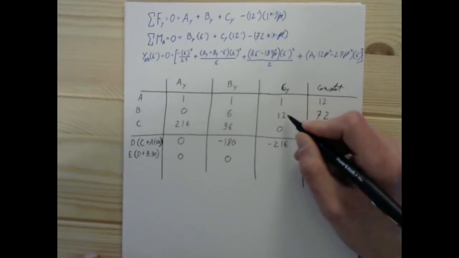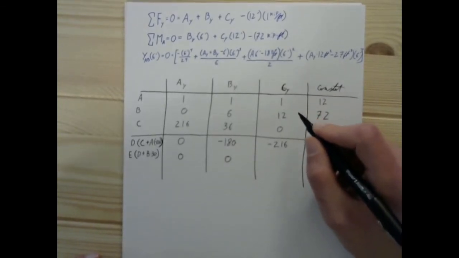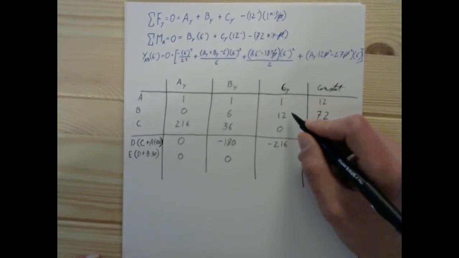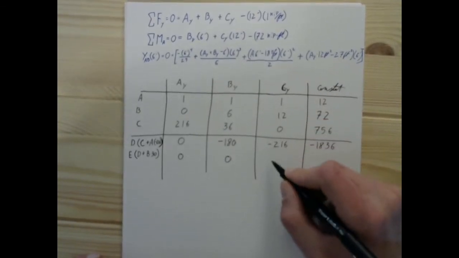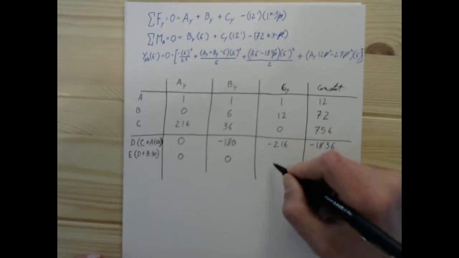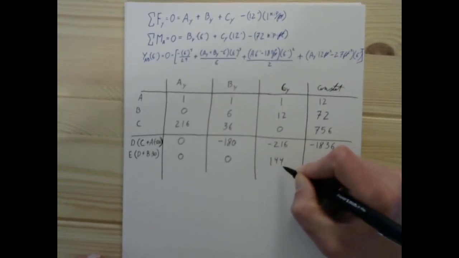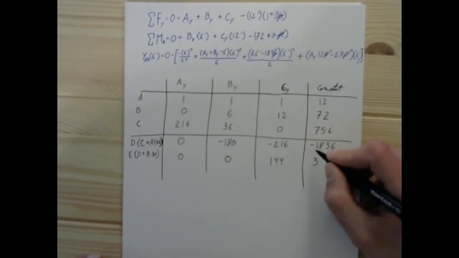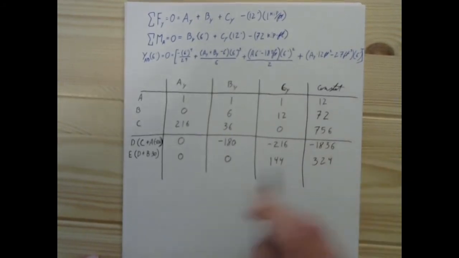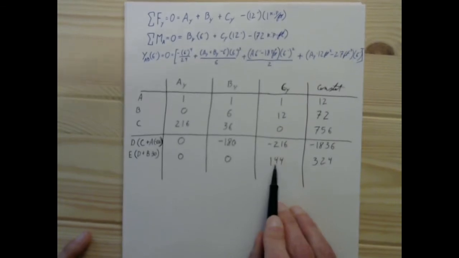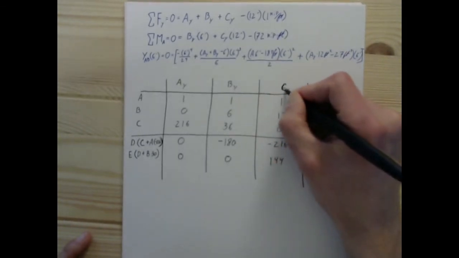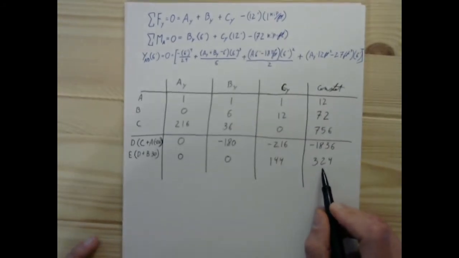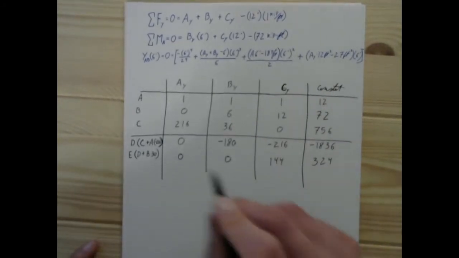And then this 12 times 30 is 360 less this, 144. And then that's just going to be ugly. I'm going to look at my calculations. It's 324. Now that we've got that all known, we're saying that 144 times CY is equal to 324 kips in this case.